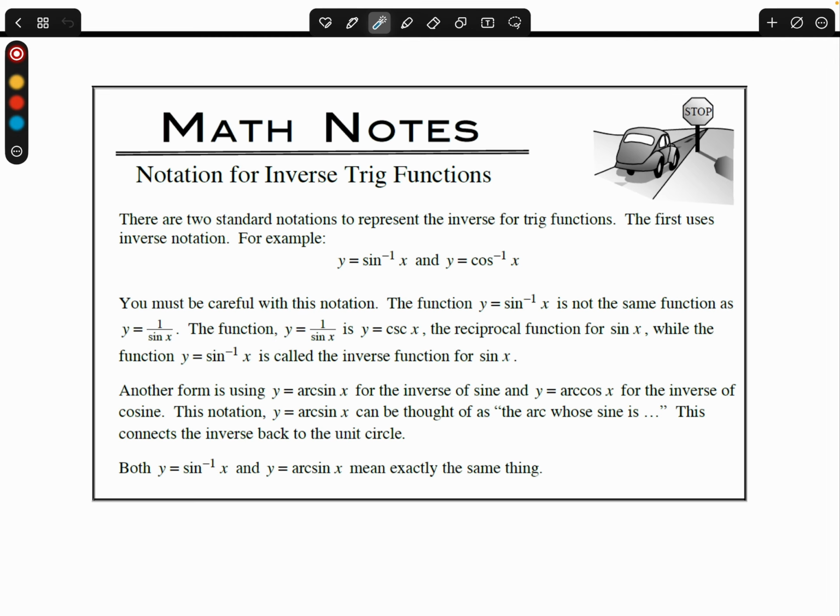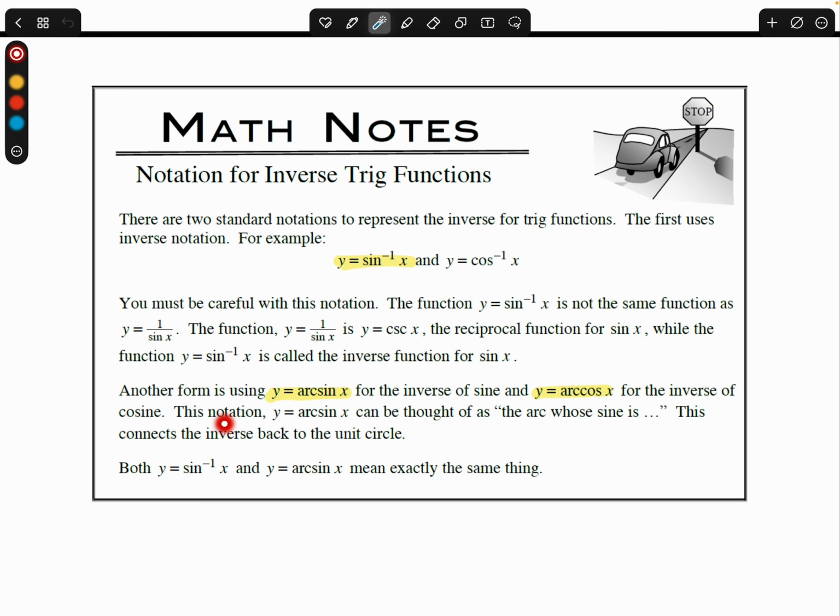Okay, so there is another form that sometimes helps with that. The other form is what you see here, y equals arcsine of x for the inverse of sine. This is just another way of writing this. So when you're trying to do the inverse of sine, you can also use arcsine or arccosine.